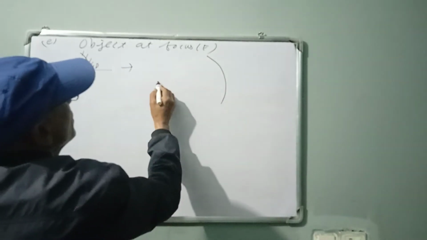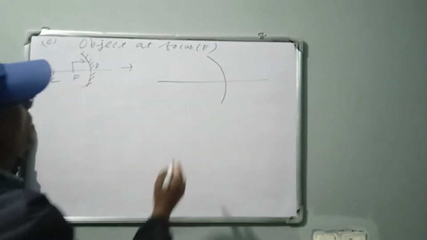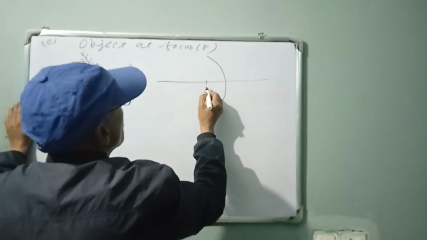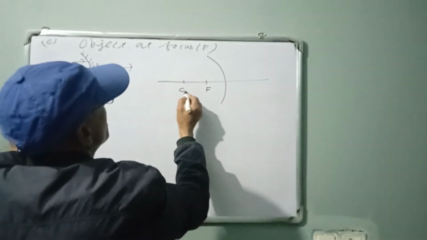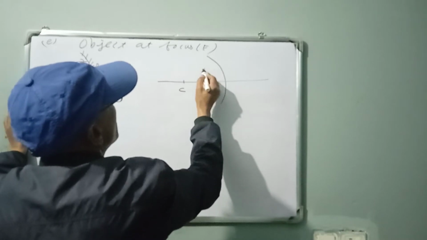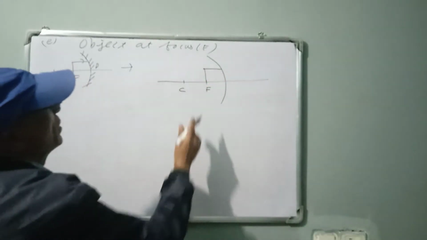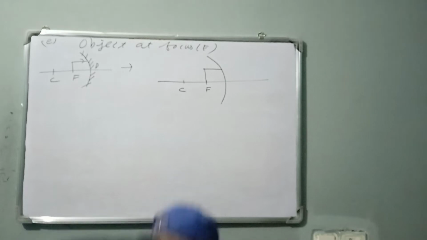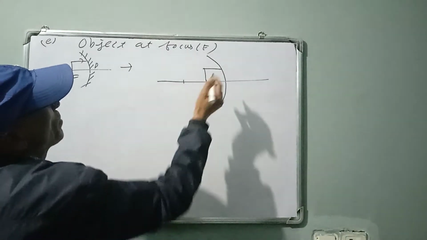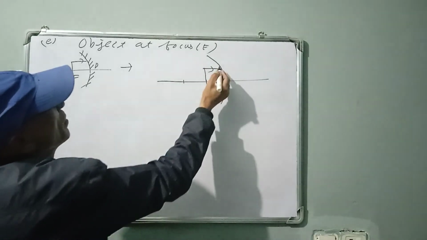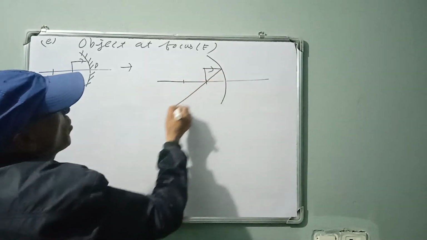Concave mirror, principal axis, focus, the object is here at the focus. Where is the image formed? First of all, you have to draw a parallel ray passes through the focus.